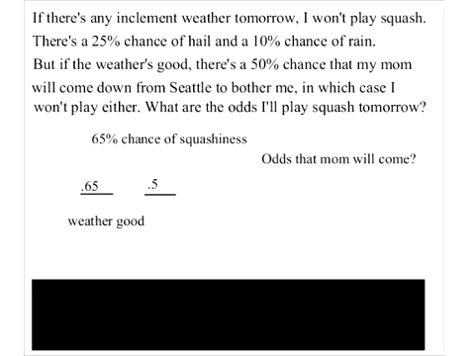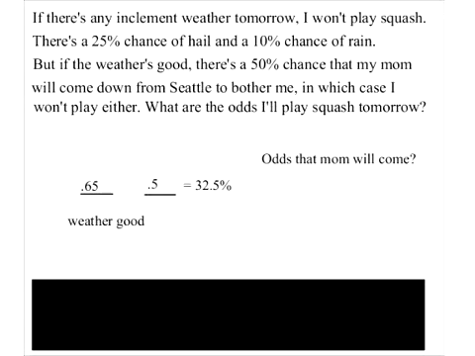Yeah, it's 32.5%, right? It's half of this. And again, if you need to work out why that is, we're just doing 1/2 times 0.65, which would be 0.325, which translates to 32.5%. So there's a 32.5% that the mom will come anyway, and in addition, there is now a 32.5% chance that squash will get played.